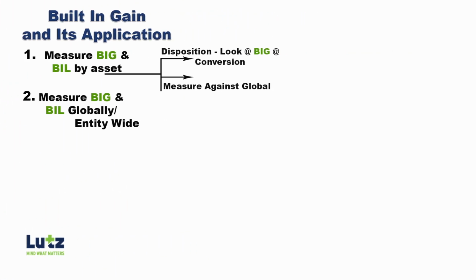So what that means is, going back to the previous slide, let's pretend for a second that instead of having 150 of capital asset, we had 450 of loss built into the capital asset. I know that's impossible, but whatever.